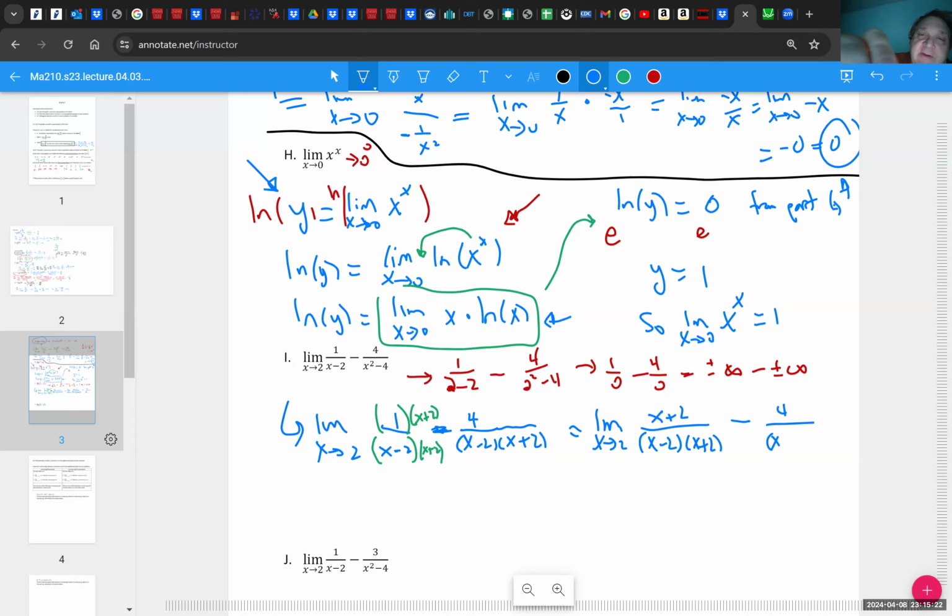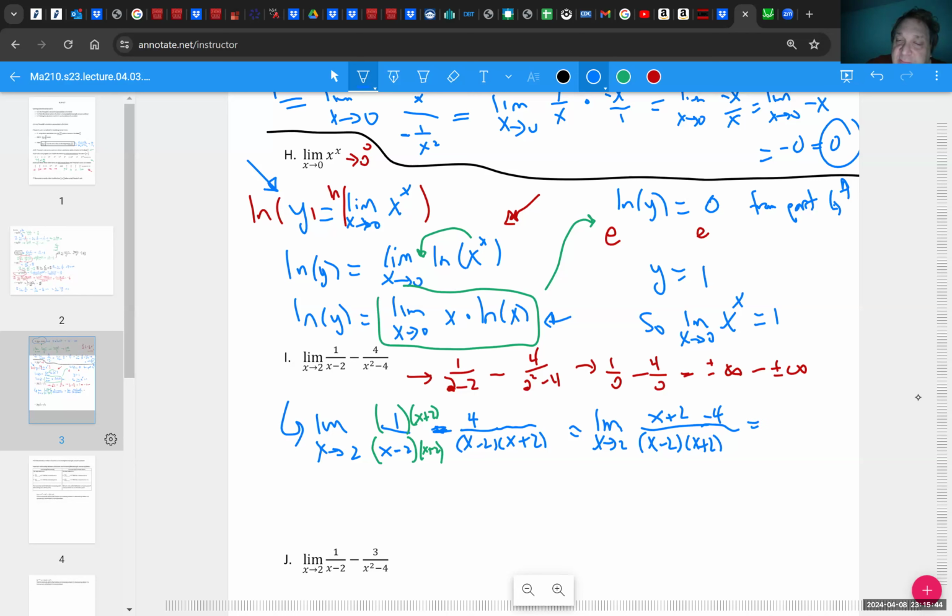In fact, I don't need to write the denominator twice, because I can just write them all over the same denominator, right? So I can just write the top part over the same denominator minus the other top part over the same denominator. Okay, so this is what we have.